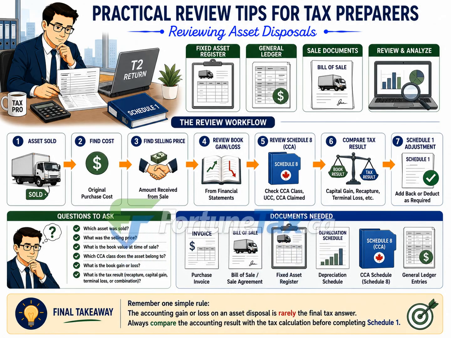As a tax preparer, it's also helpful to ask yourself a few key questions. Which asset was sold? What was the selling price? What was its accounting book value? Which CCA class does it belong to? And finally, how does the tax calculation compare with the accounting result? The most important lesson to remember is this.